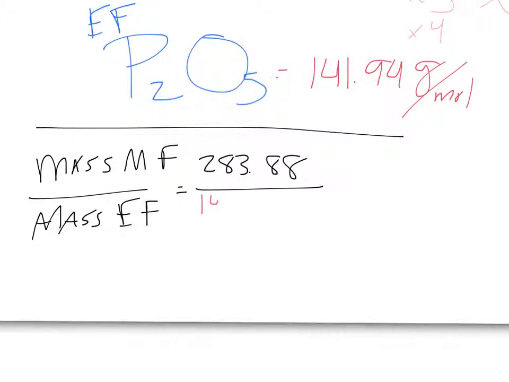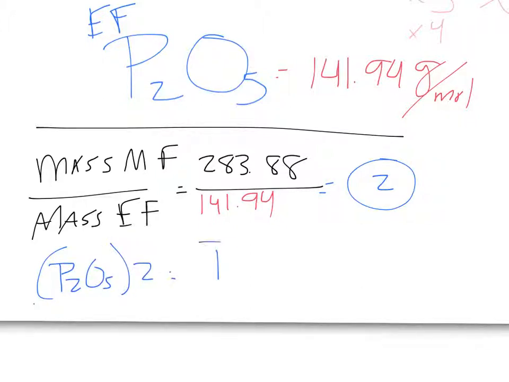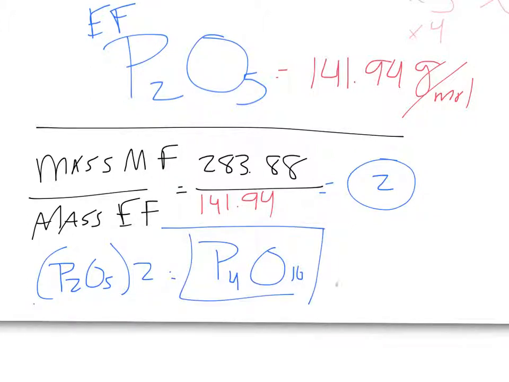So 141.94, and so this should be obvious. It gives you a number of 2. And so what I need to do is multiply P2O5 by 2, which gives me P4O10. And this is my molecular formula.